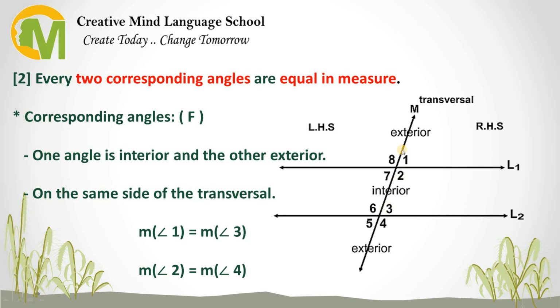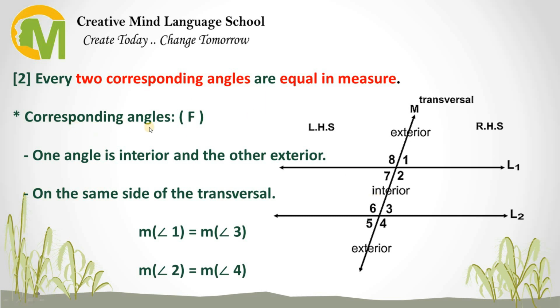For example, angle 1 and angle 3. Angle 1 is exterior, angle 3 is interior, and they are on the same side of the transversal. Also, angle 2 and angle 4, the same concept. On the other side, we have angle 8 and angle 6, angle 7 and angle 5. All these pairs are corresponding angles.